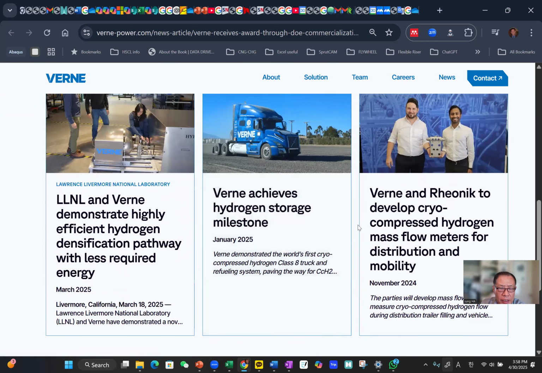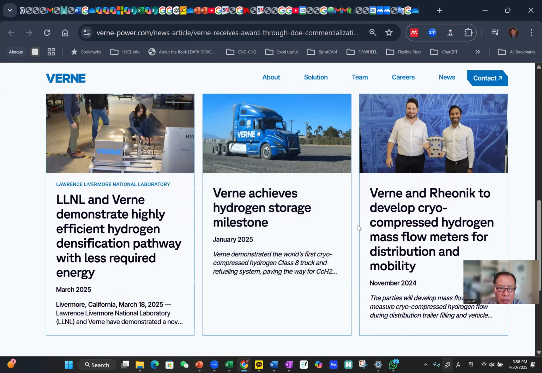So again, this is a very new technology we need to understand. This can be one future method to store hydrogen.